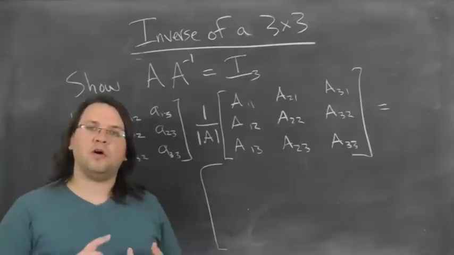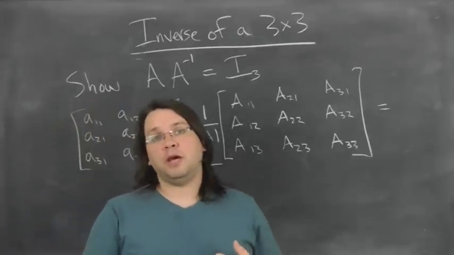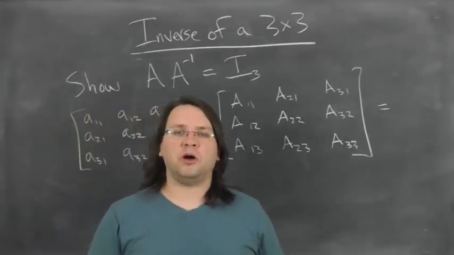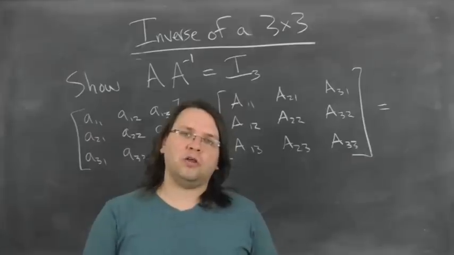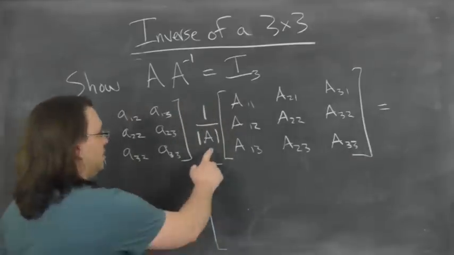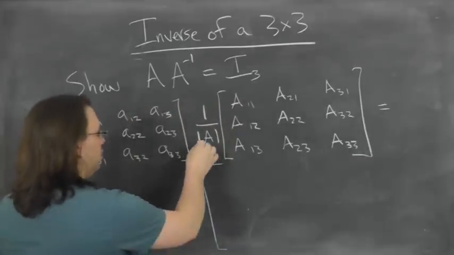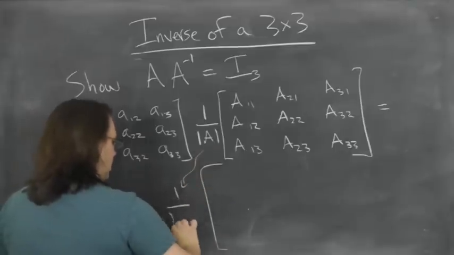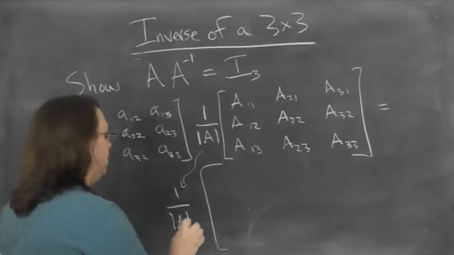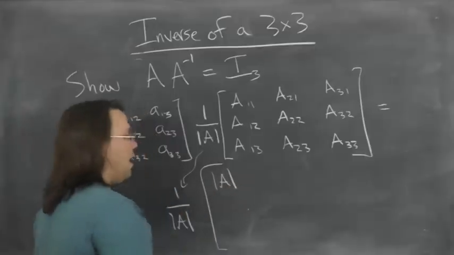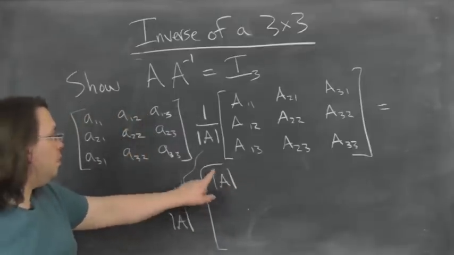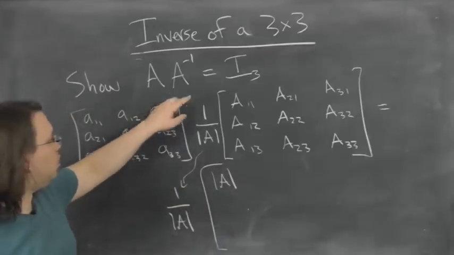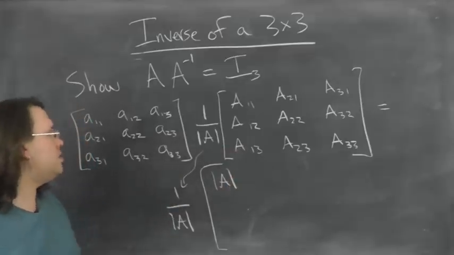So in each case, we have an entry of the matrix A times its corresponding cofactor. We've added all those together, and that gives us the determinant. So this 1 over the determinant I will leave out front. And when we multiply this row by this column, we get the determinant.